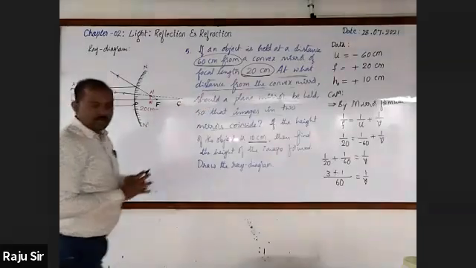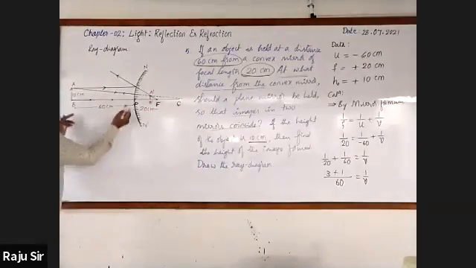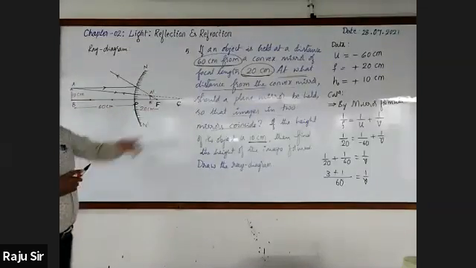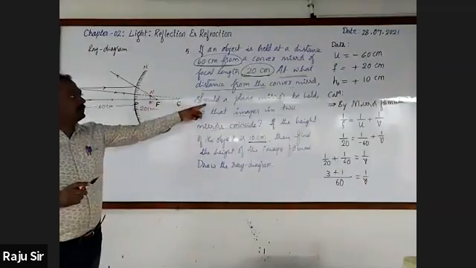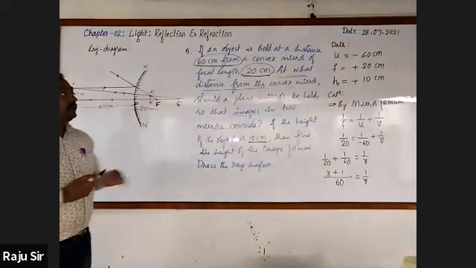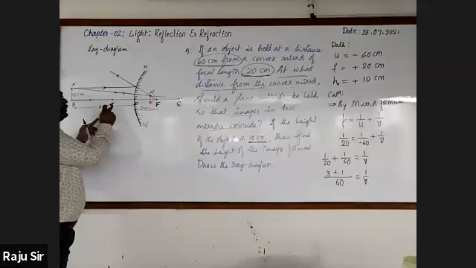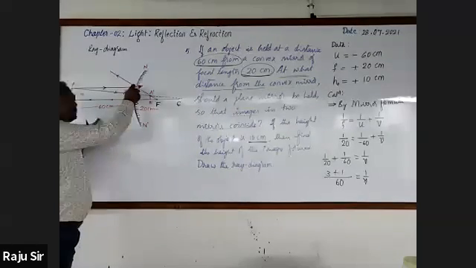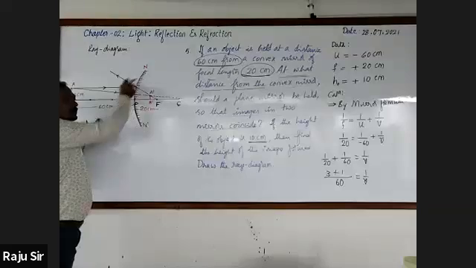Obviously, we have to place the plane mirror in between P and P only, right? The image is formed inside this mirror, that is the convex mirror.